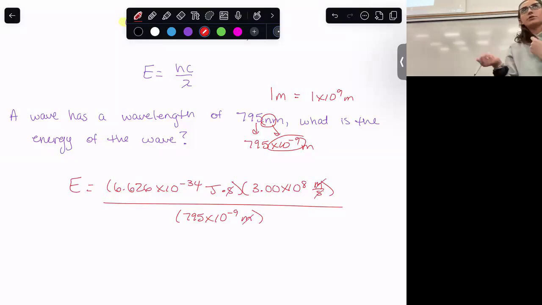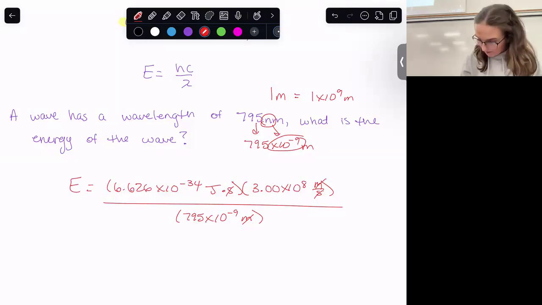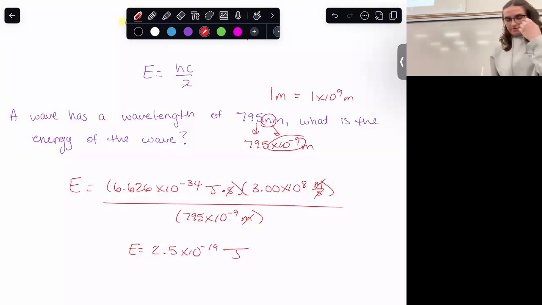So you're just left with joules, right? Energy is an energy unit, and joules is an energy unit. So for energy, I got 2.5 times 10 to the negative 19 joules.